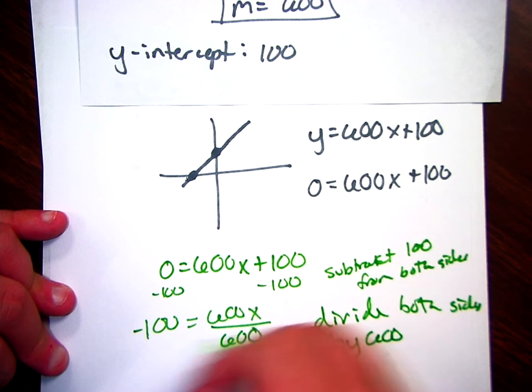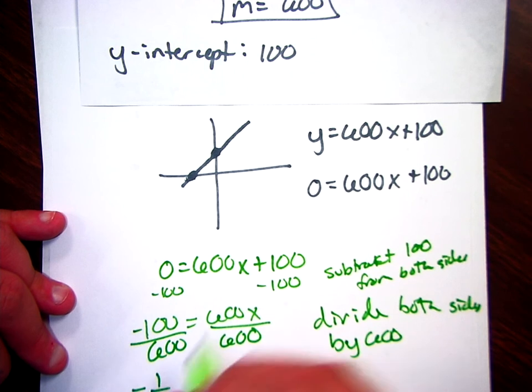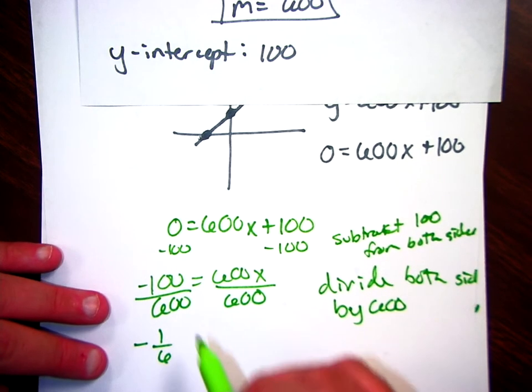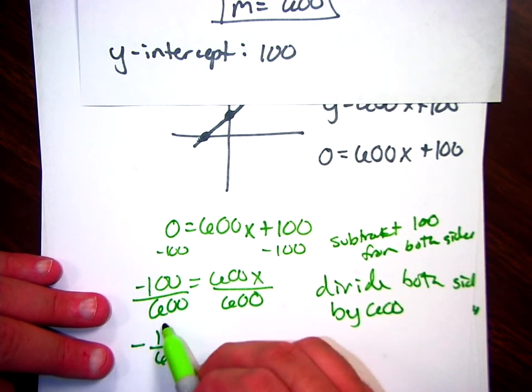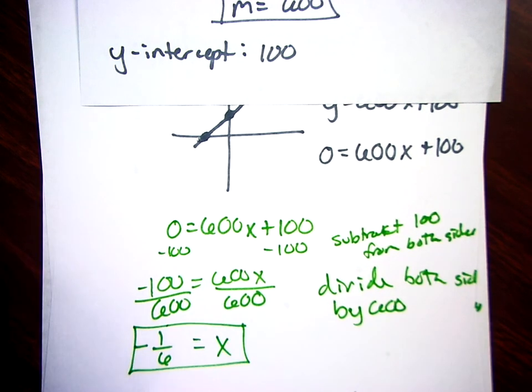Remember, we're getting x by itself. So you have negative 100 over 600. I reduce this fraction all in the same step. Negative 100 over 600 is the same as negative 1/6. And there's my x-intercept.